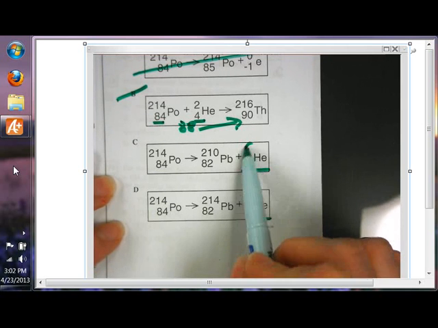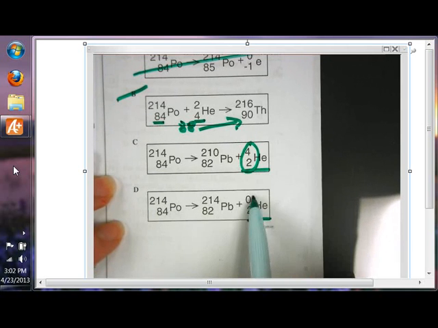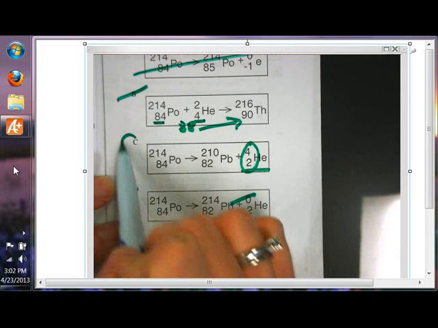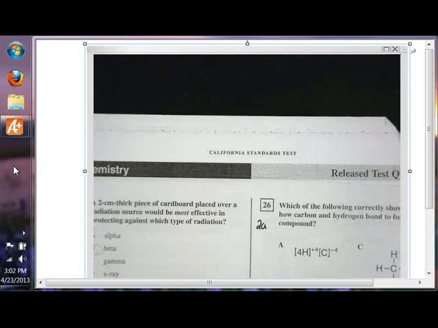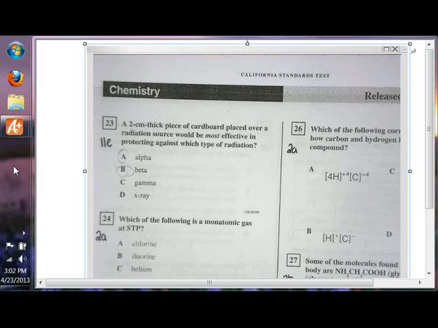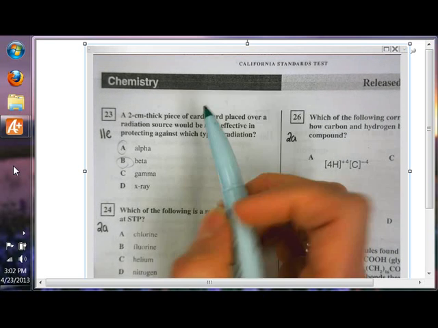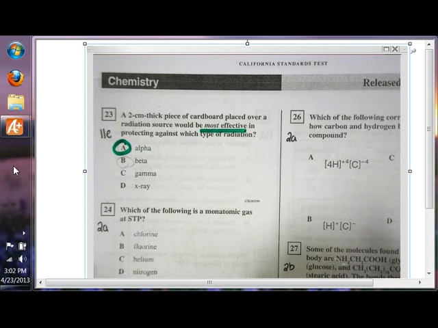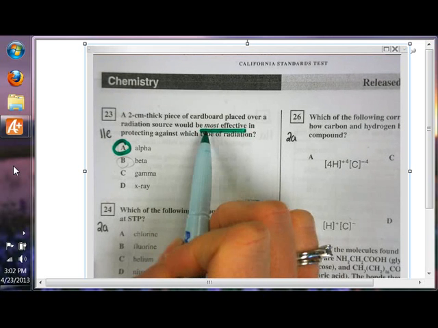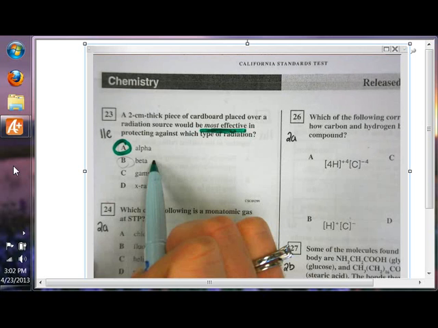It's not 0,2He, so the correct answer is C for that one. And the last example for these: a 2 centimeters thick piece of cardboard, which would be most effective against alpha radiation. Most effective against alpha. It would block some beta, but it wouldn't be very effective against them.